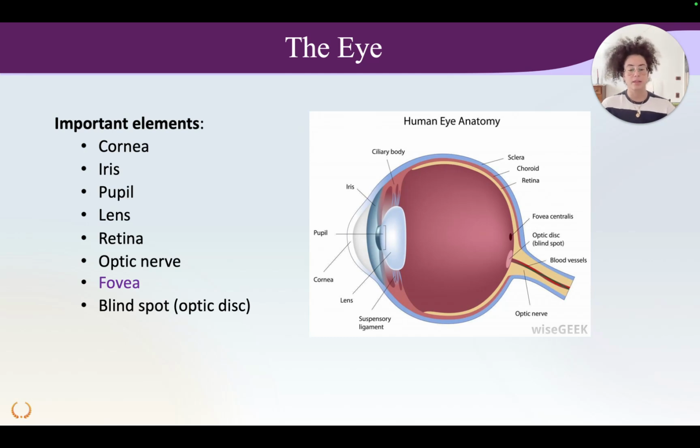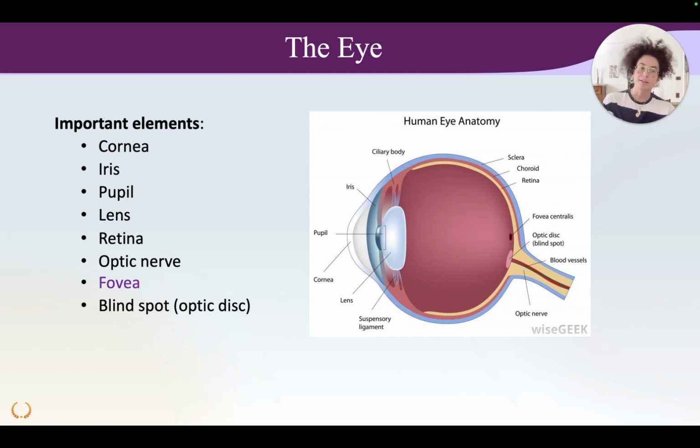Photoreceptors, together with retinal neurons, have different functions. They convert light into action potentials. They allow us to distinguish between the different colors because they allow us to distinguish the different wavelengths. And they also enable us to distinguish the different light intensities.